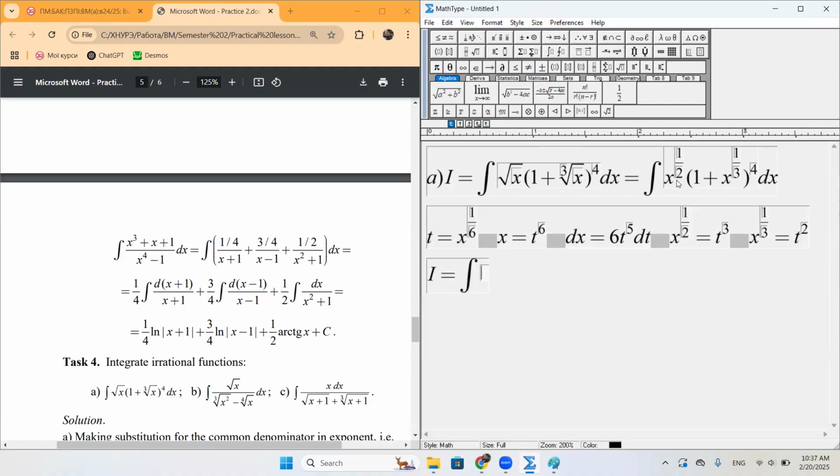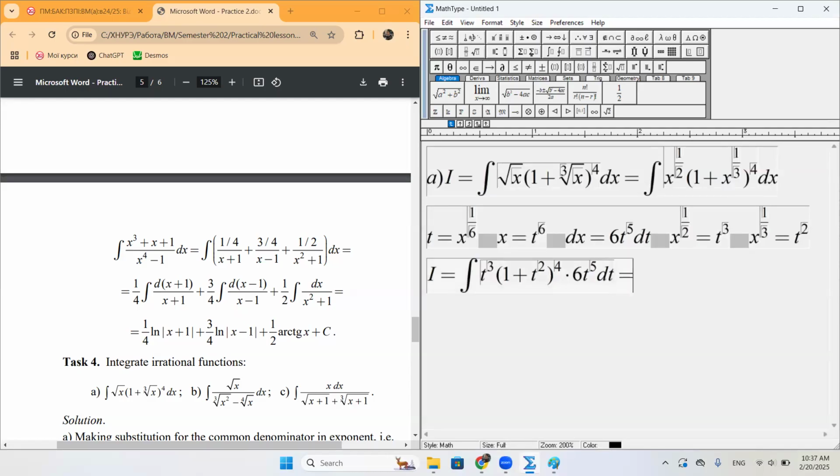Here is t square, t cube, multiplied by 1 plus t square in power of 4, and multiplied by 6t in power of 5 dt.